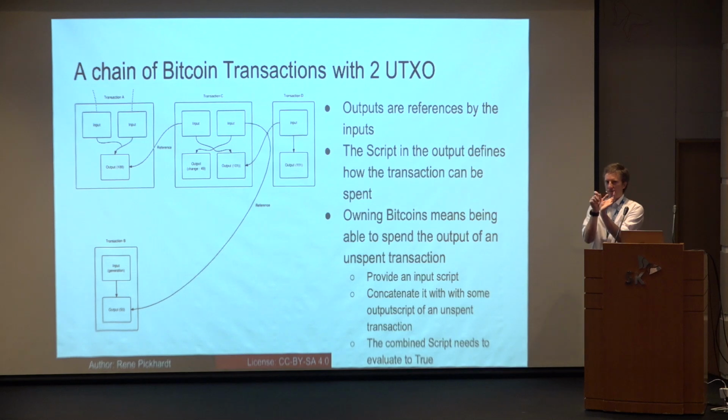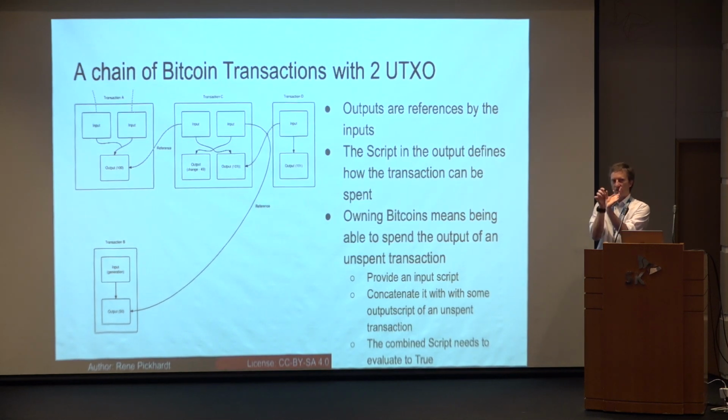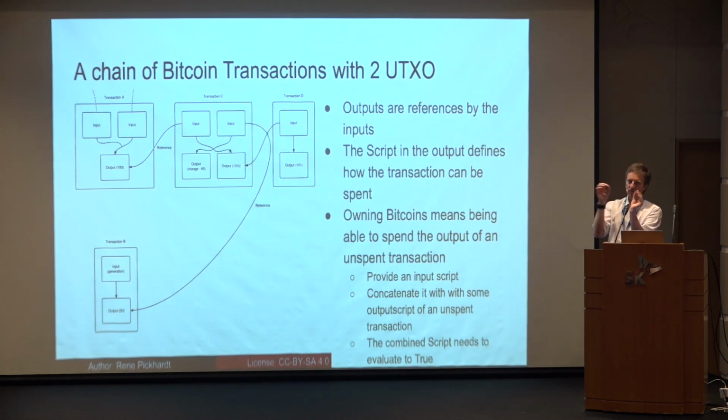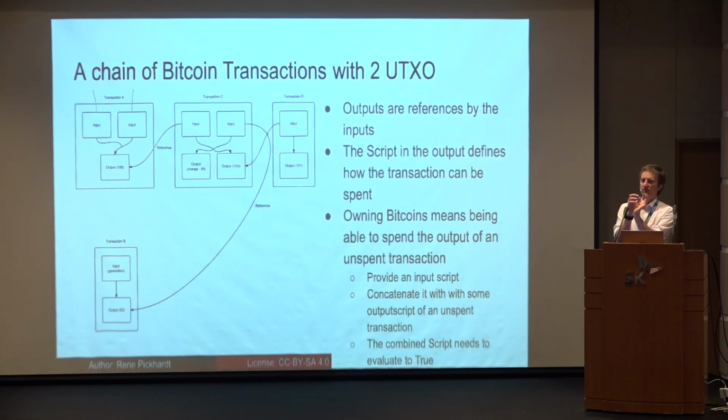And then you have this script, and the script will do all those checks, will encode this logic, and if it evaluates to true, then it's fine. If it does not evaluate to true, that means something is wrong, and that transaction output cannot be claimed.